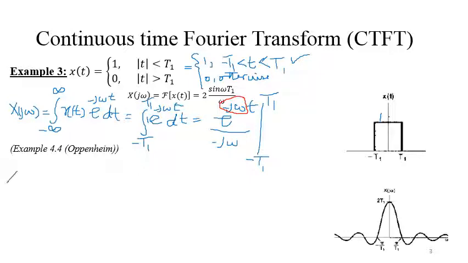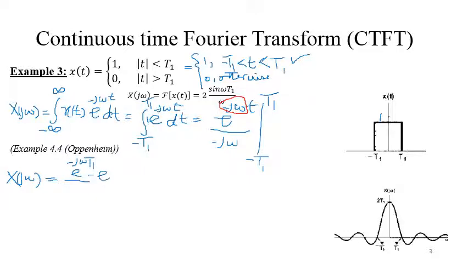So X of j omega equals, by putting in the limits, the upper limit gives e to the power minus j omega t1, minus the lower limit.